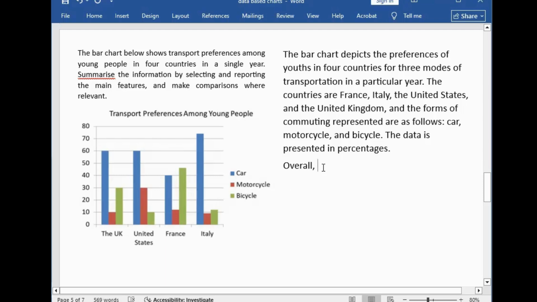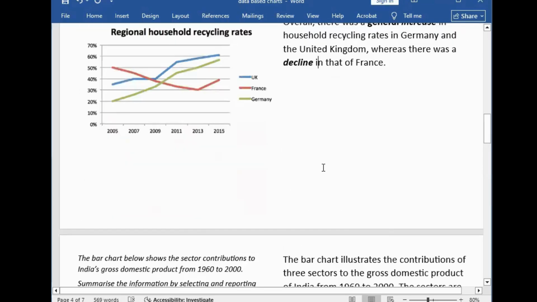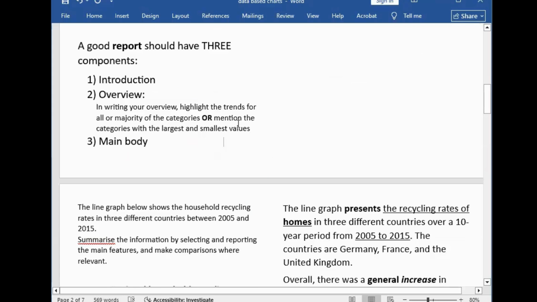So in this case, what I'm going to do is use the second approach for writing my overview: mention the categories with the largest and smallest values. That's the approach I'm going to use. So look at it here.